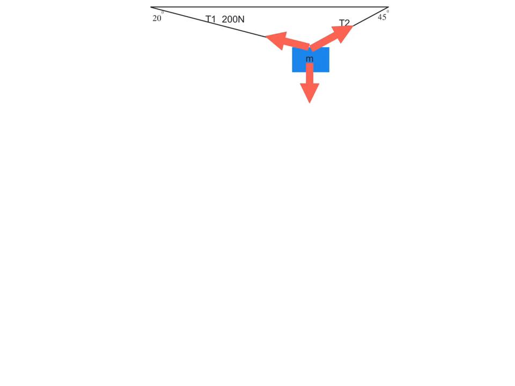We have tension 1 is going to equal, oh, hold on. Let me start this all over. I apologize. Let's try this again. See if I can move this to this side right away.